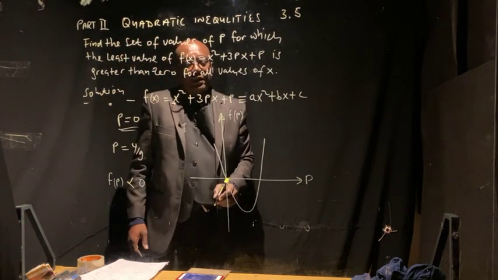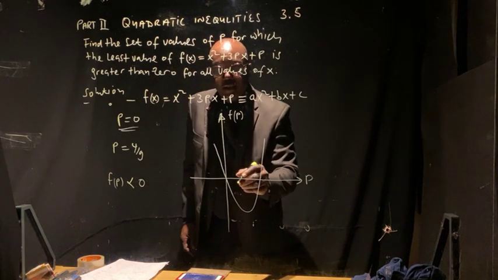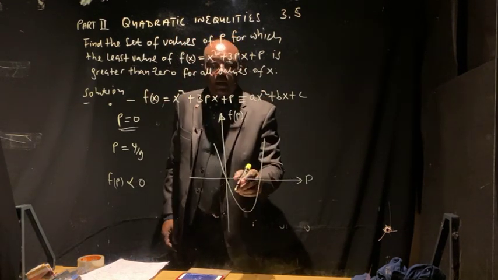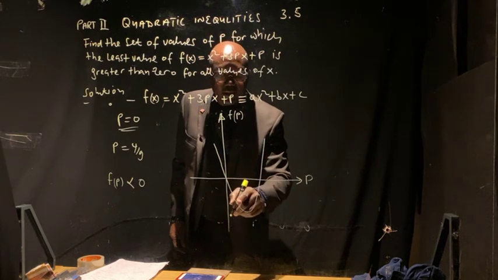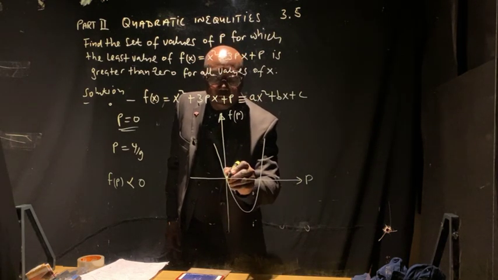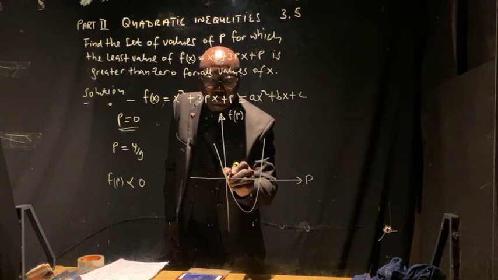When f of x is less than 0, then the x values that are below the x-axis will be the correct inequality.